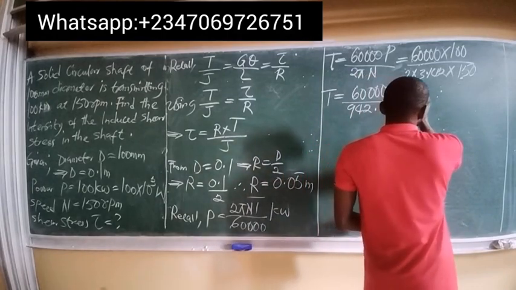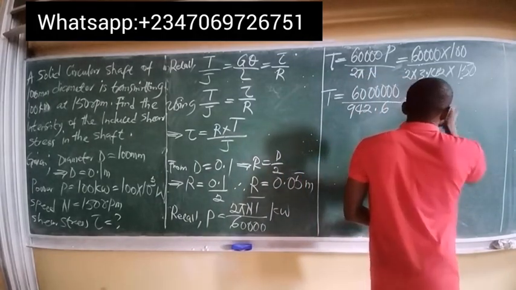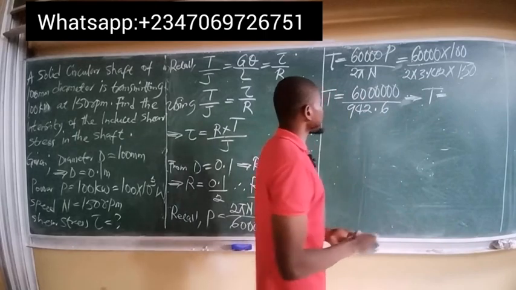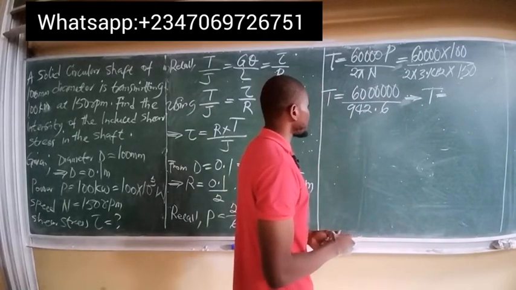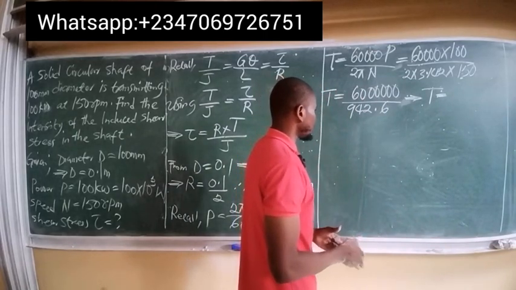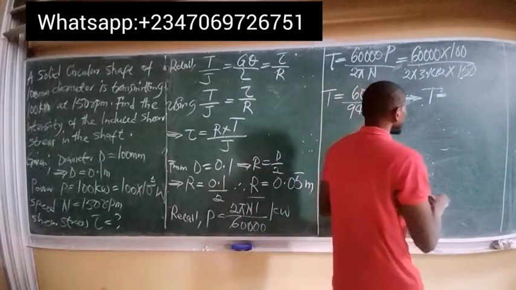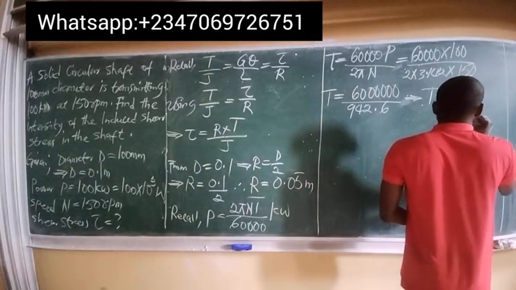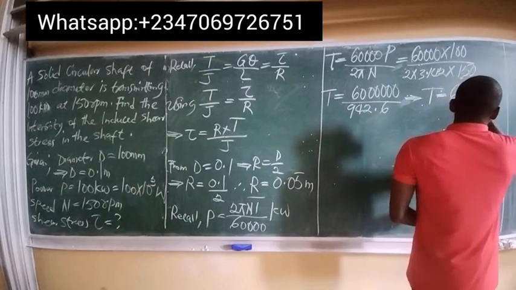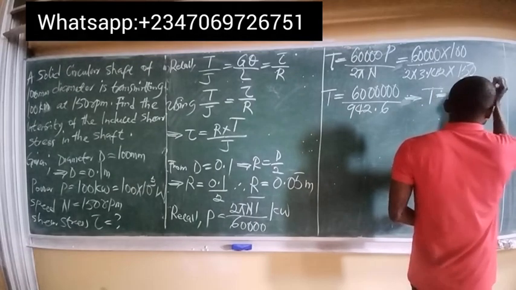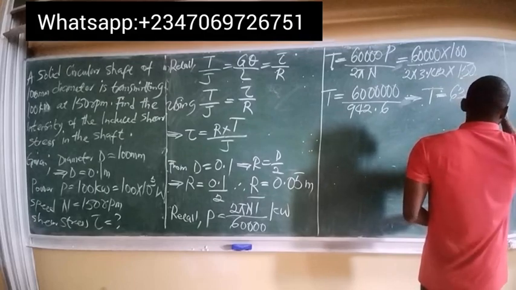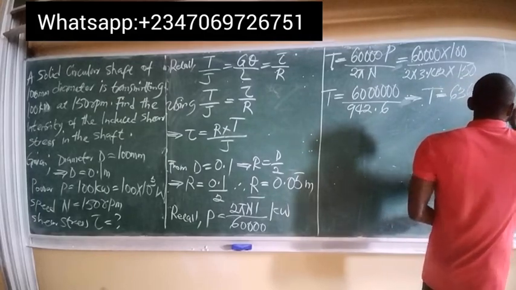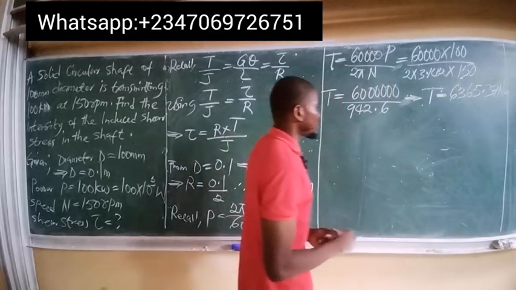This simply implies that the torque T is equal to 6 million divided by 942.6, which gives 6365.37 newton meters. So this gives us a value for the torque.